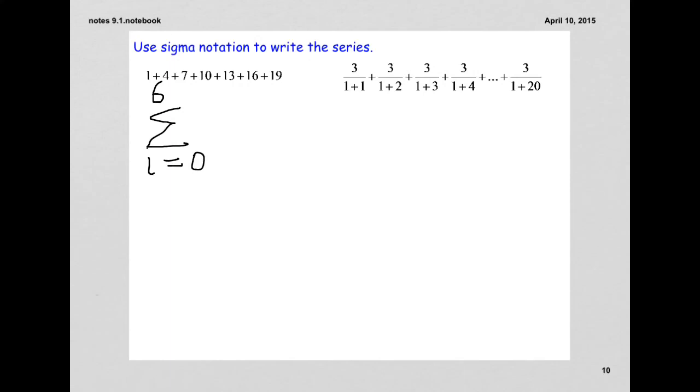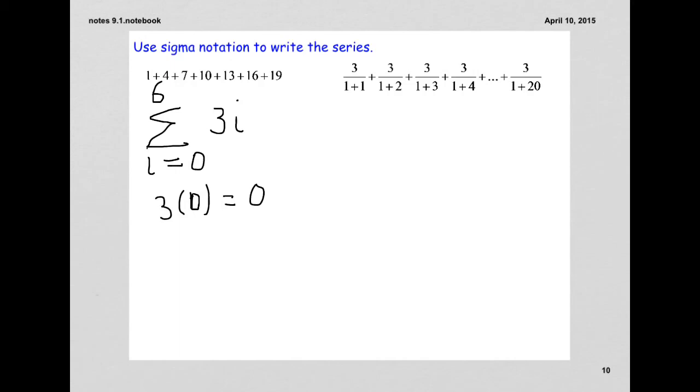I see I'm counting by threes, so I'm going to use 3i. And let's see what happens. So I've got 3 times 1. Oh, I'm sorry, 3 times 0. So that's going to give me 3 times 0, which is, of course, 0.